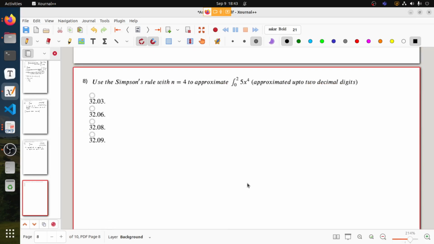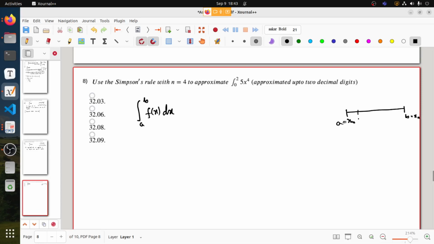What is it saying? Use Simpson's rule with n equal to 4 to approximate this integral, up to 2 decimal digits, right? So you have to approximate this with Simpson's rule. So first write down what Simpson's rule is. If you want to approximate the integral a to b of f(x) dx, as I am telling, in Simpson's rule you have to do even partitions: x0, this is a, and this is b, meaning xn.